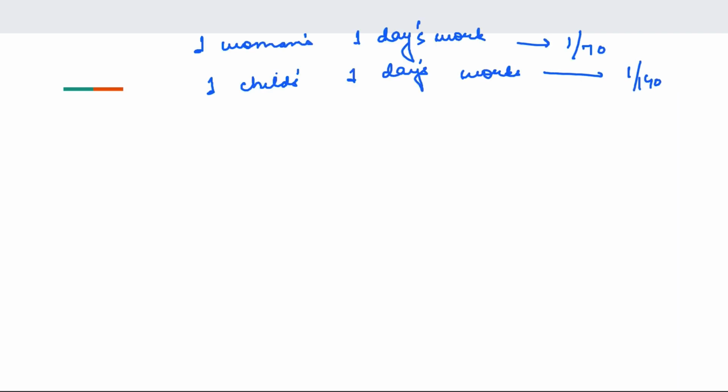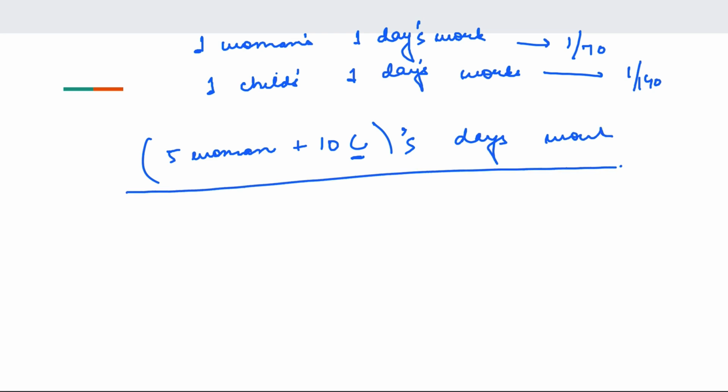Next, 5 women plus 10 children. C is for children, don't get confused. One day's work. Okay, so these people are working. So it's going to be what? 5 by 70 plus 10 by 140. Right? Because 5 women we took and 10 children we took.